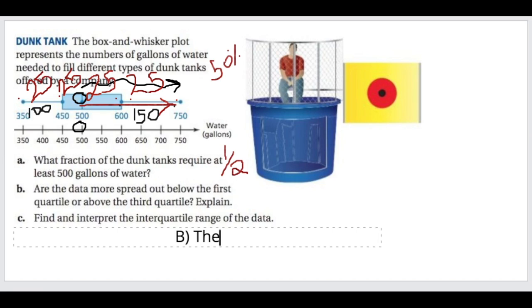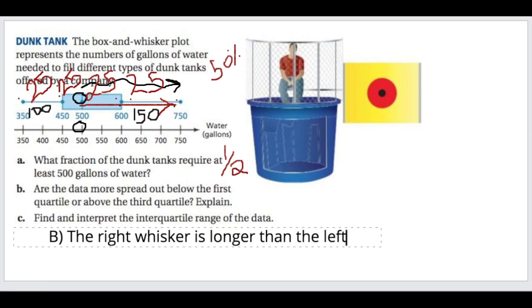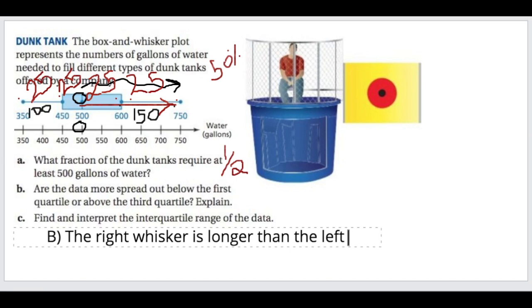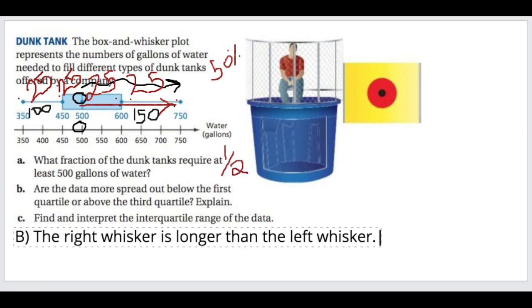Well, I know that the right whisker is longer than the left whisker, which we just proved mathematically because 150 is a longer length than 100. So the right whisker is longer than the left whisker.